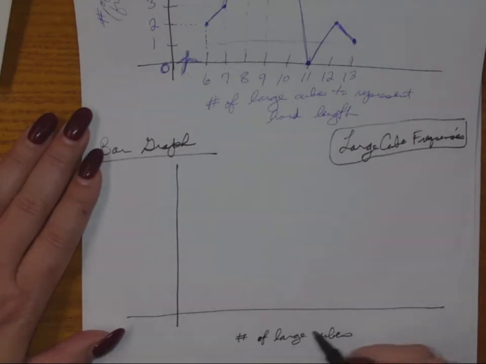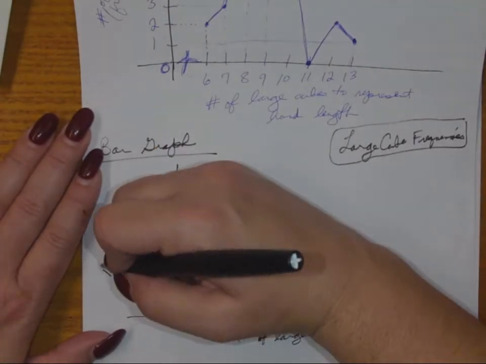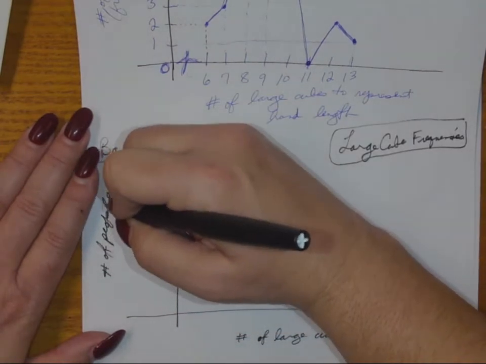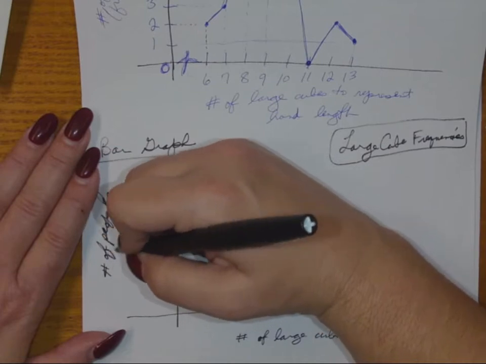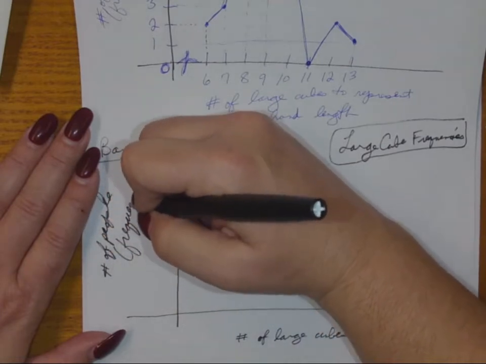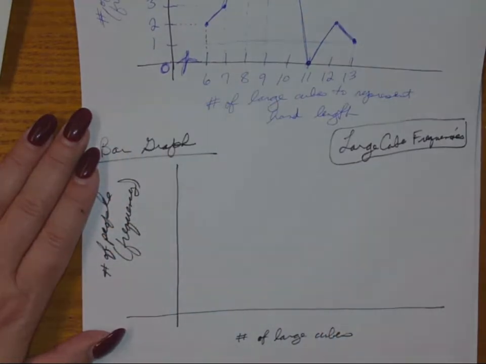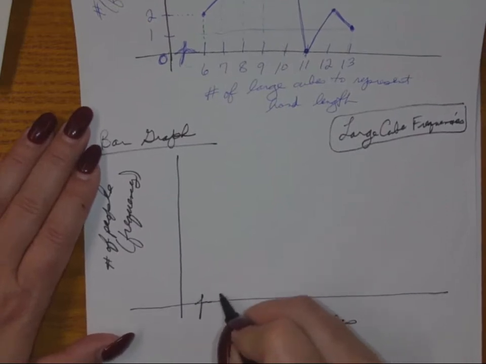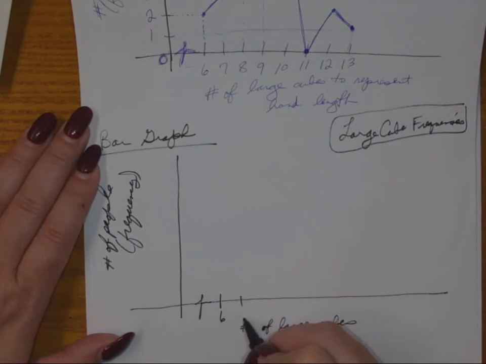on the independent axis down here, and on the up and down axis I'm going to say number of people. And again, that means frequency. How often do I have each of those? And I'm probably going to have a very similar look to my labeling on this, right?